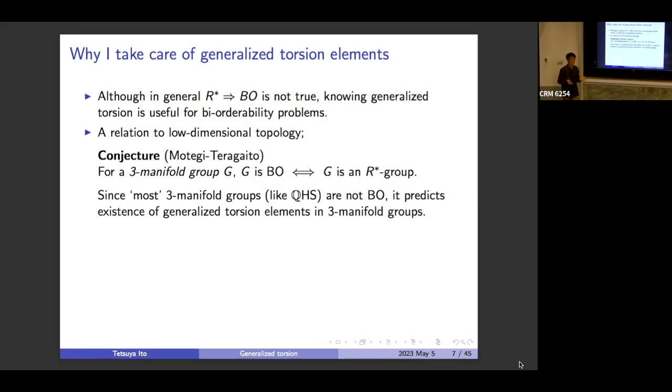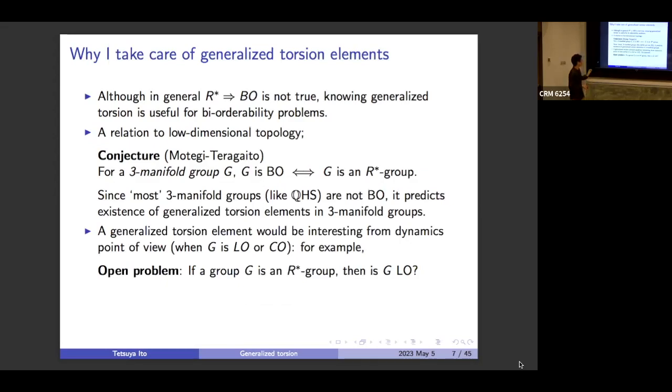Indeed, bi-orderable three-manifold groups are quite rare. So in light of this conjecture, there should be many generalized torsion elements in three-manifold groups, but currently our knowledge is very poor. We have only small examples of generalized torsion elements in three-manifold groups. So investigating generalized torsion elements in three-manifold groups is an interesting topic.